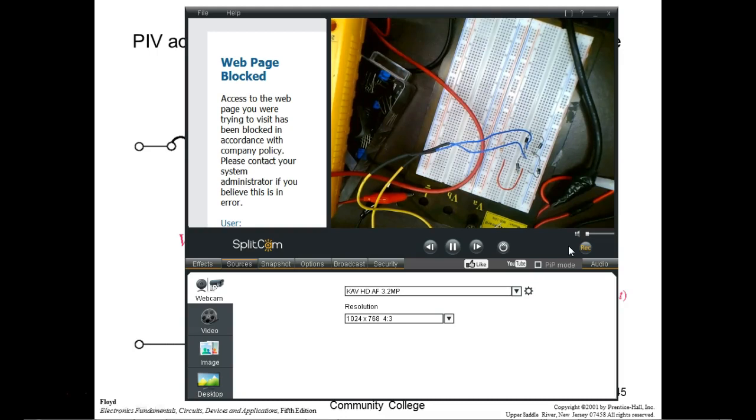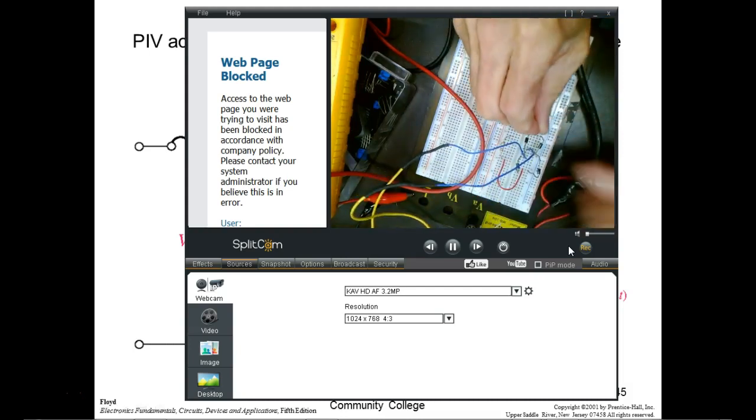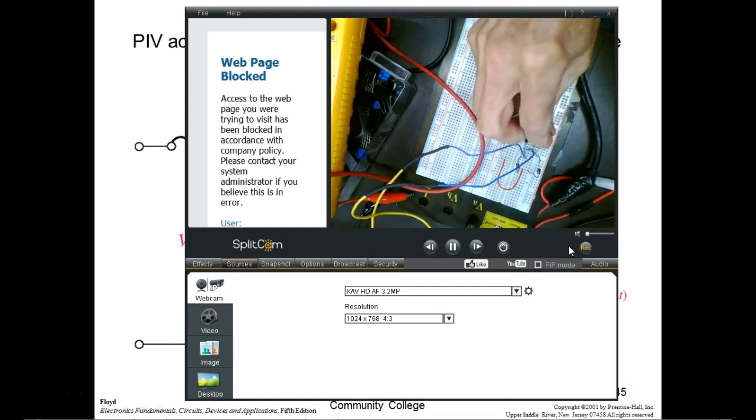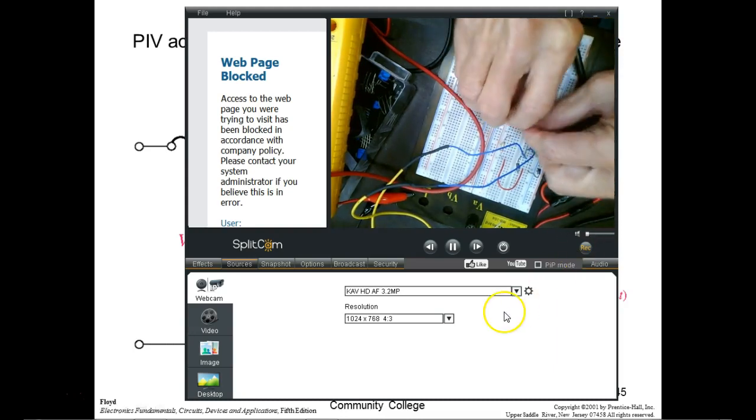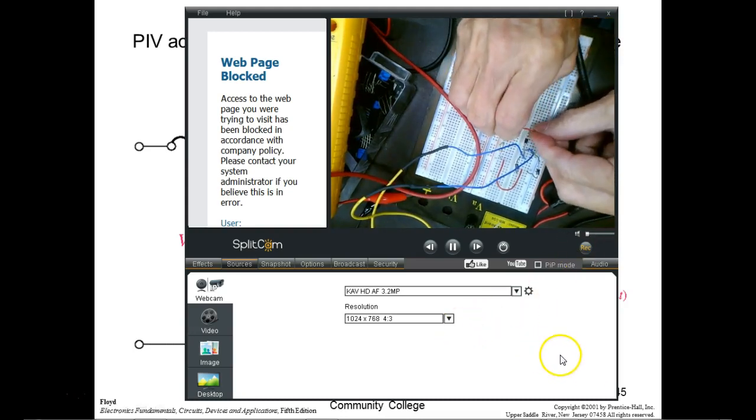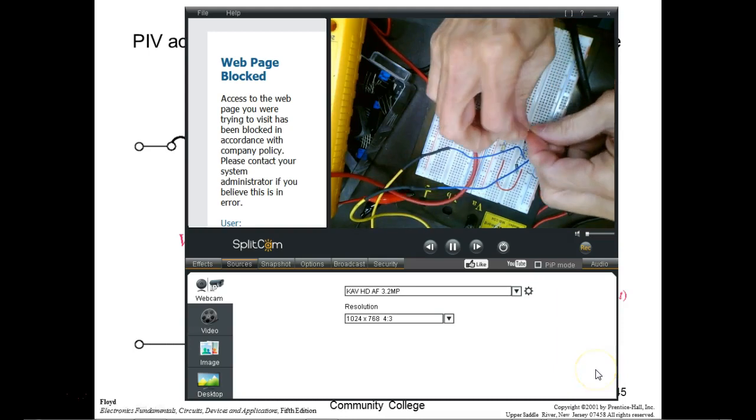I think it's the opposite from what y'all see. And we should be ready to power this up.